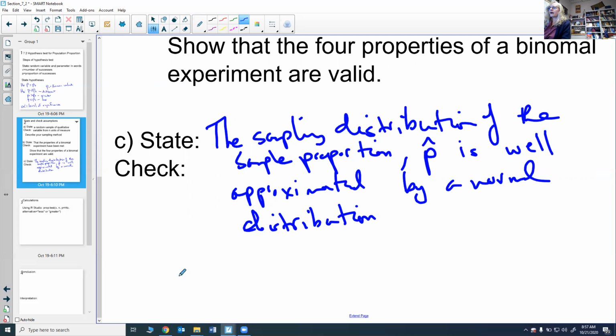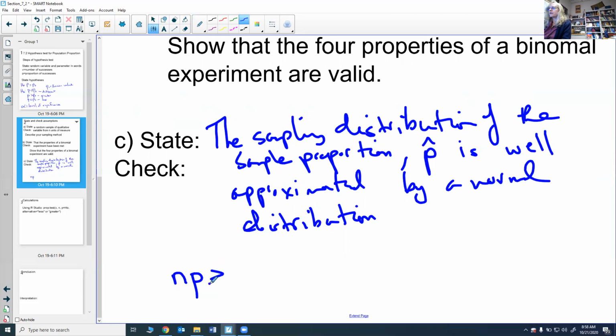And the way you check that is where you would actually look at your sample size, your N is your sample size, times your P. The P is from what you consider your proportion to be. Remember, that's kind of your P0.